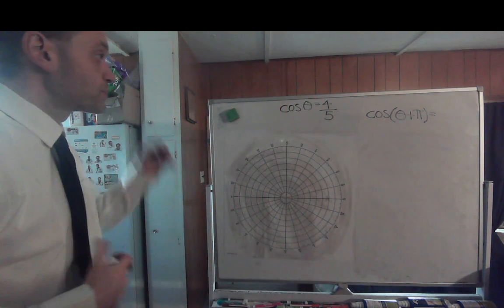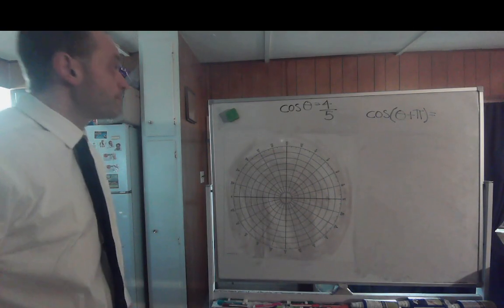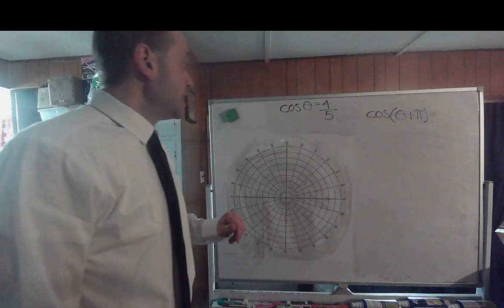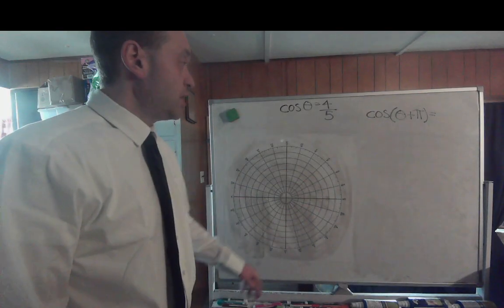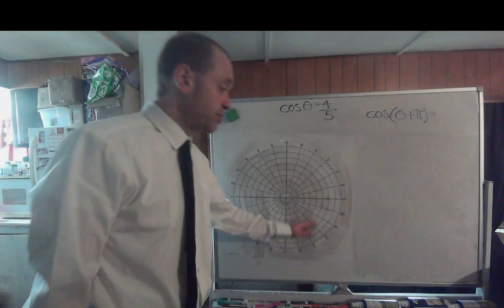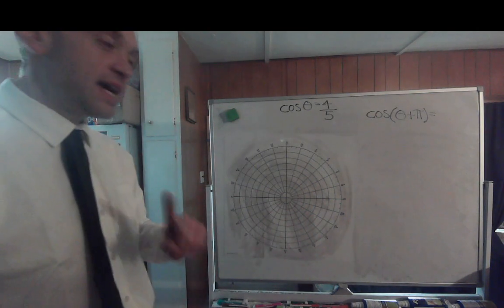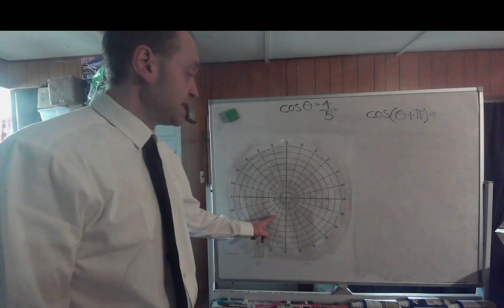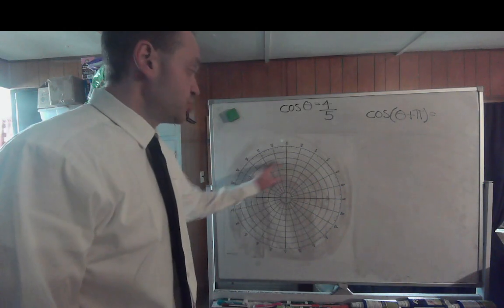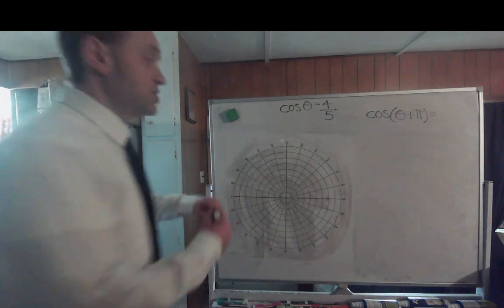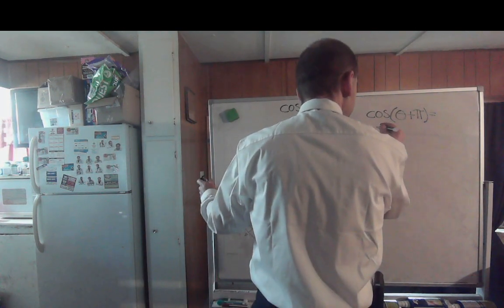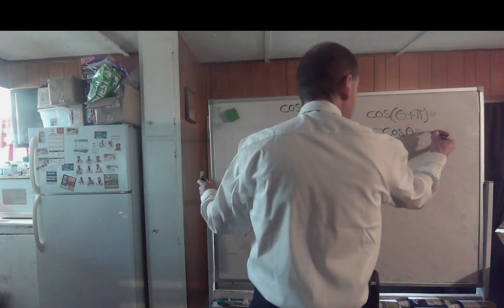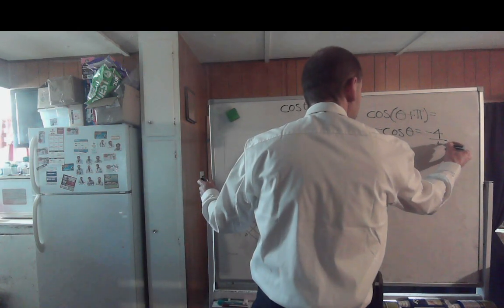So in this case, it would either be in the first or fourth quadrant, right? Because the cosine is only positive in the first or fourth quadrant. Well, let's add pi. If it's in the first quadrant, that'll put you in the third, which would negate that. If you're in the fourth quadrant, that would put you over in the second, which would also negate your cosine. So if you add pi, this is going to be the same thing as negative of the cosine of theta, which would end up giving you negative 4/5.